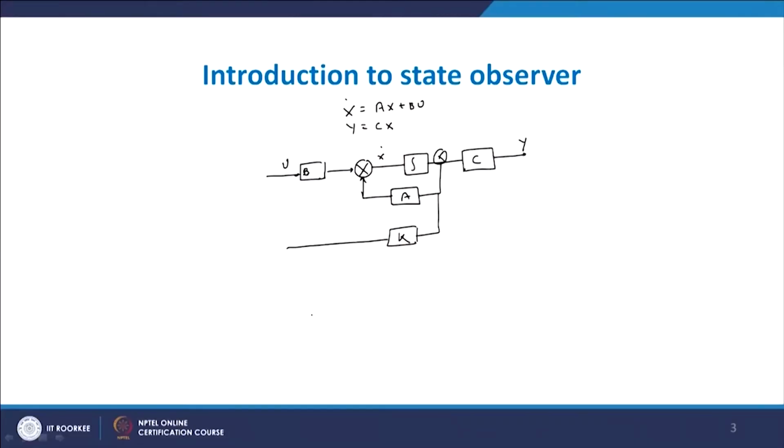Let us say here Kx is there, and we are designing the controller through this x. So this is the arrangement of the controller: u equal to minus Kx plus r. This is the controller.